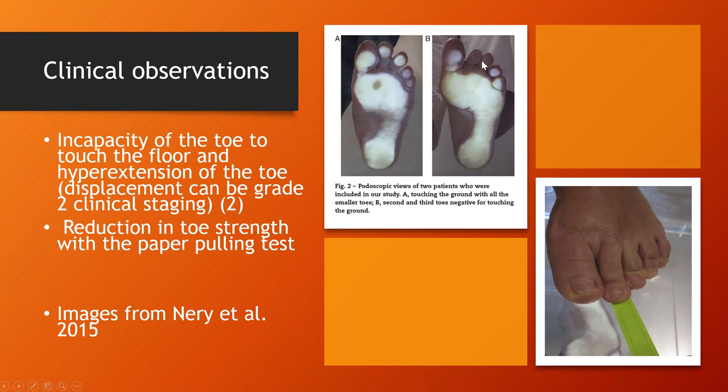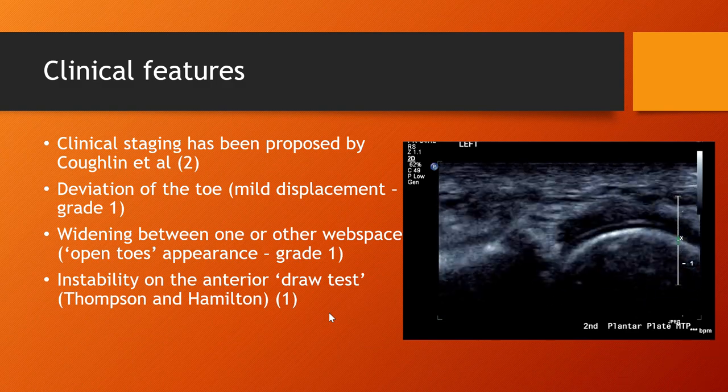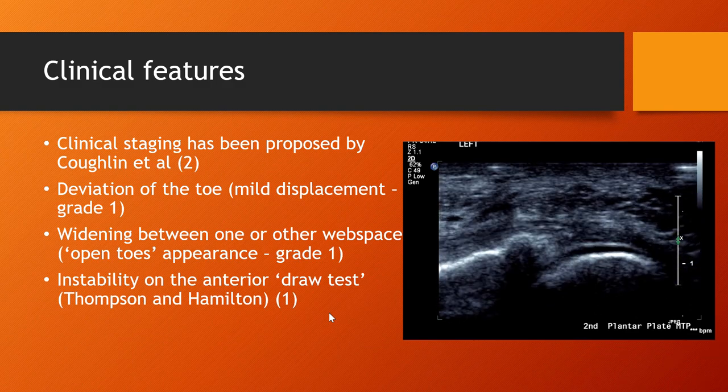Okay, so if it doesn't touch the ground, that can be a sign of a plantar plate tear or hyperextension of the toes. The paper pulling test that's shown here, often the patients present with reduction in toe strength. So the plantar grip test becomes weaker and weaker as the plantar plate lesion worsens. The anterior draw test is being performed in this video.